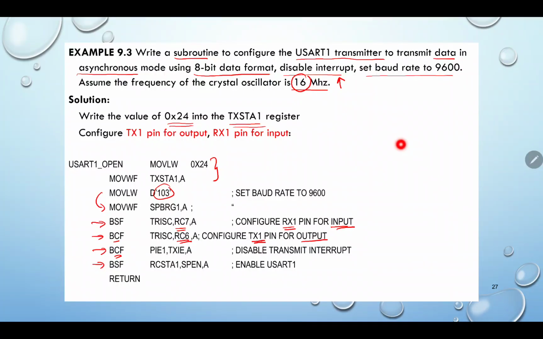And here we actually enable USART 1. Remember that under the receive status register, that is this SPEN. So when you enable the USART, then the USART will be able to work. So these are the configurations, some of which we've already seen in the earlier register configuration.